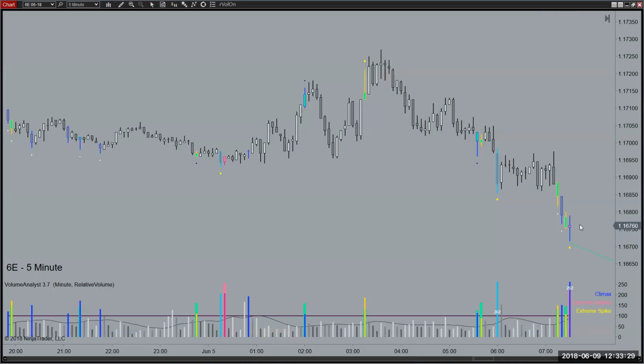Does that make sense? So volume is one of the most difficult things to understand and to use well. And I think it's because of that exact thing, where you don't really think about demand coming in as the market is screaming to the downside.